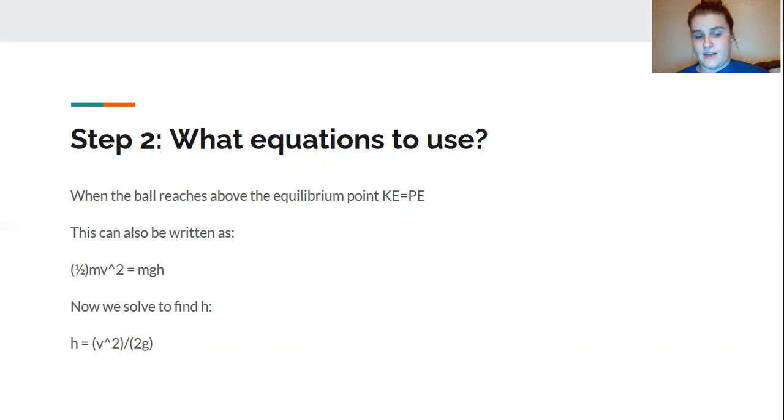To find h, the maximum height, the most distance that it's going to go, you use algebra to rearrange the equation, and it would be h equals the velocity squared divided by 2g.